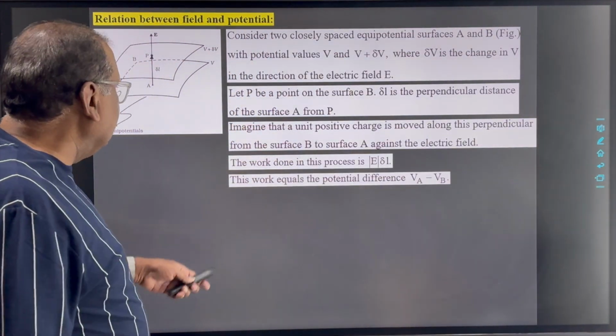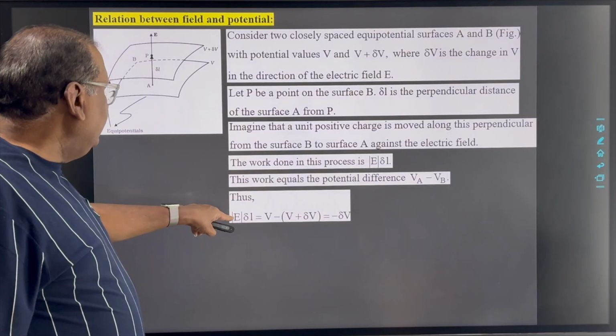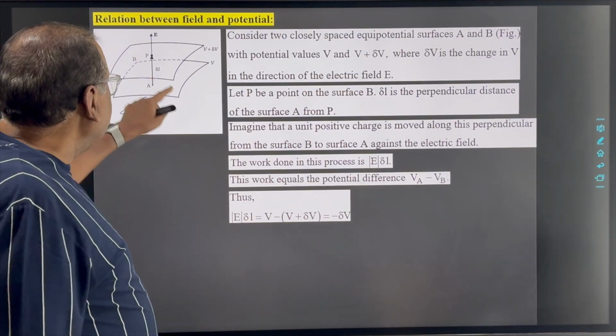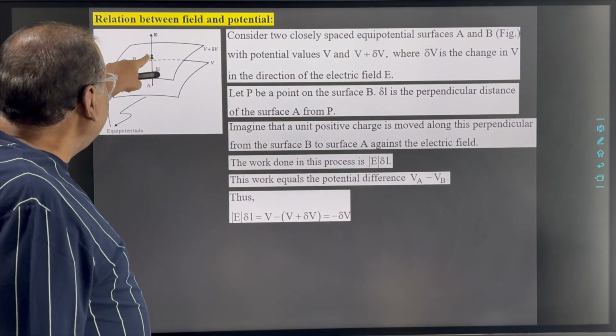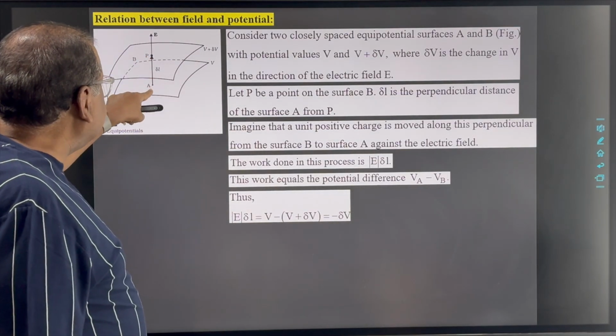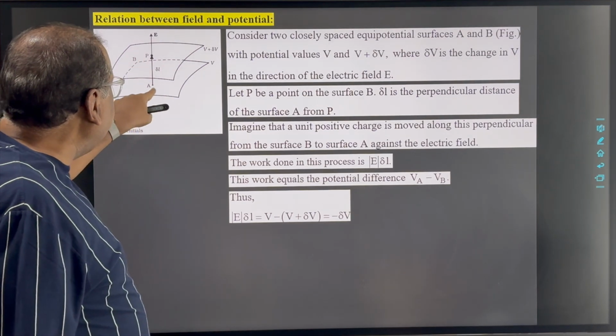Here delta L is the distance between these two surfaces. So we can write this work done as the potential difference between these two surfaces. So E delta L is the potential difference when it is moved from B to A, so the potential difference is VA minus VB.